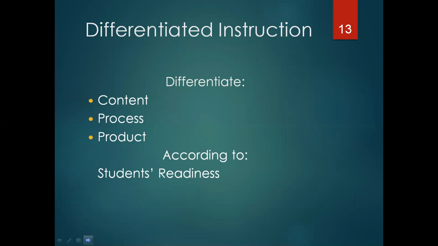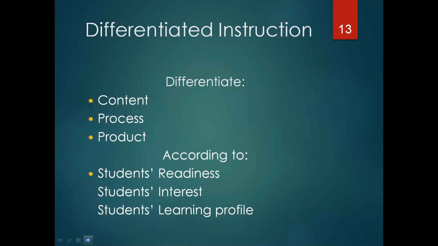So you're going to differentiate content, process, or product according to students' readiness, interest, and their learning profile. Is a student ready to learn what you're teaching, right? Next week, my favorite week of this class, I'll be showing you a lesson plan template that really shows how to move from one stage of a lesson to another, and you move from stage to stage based upon student readiness.